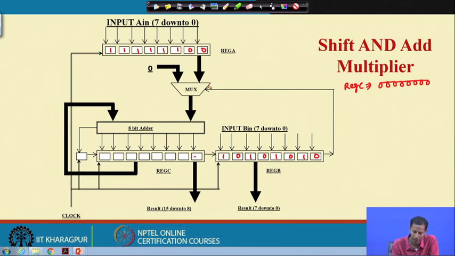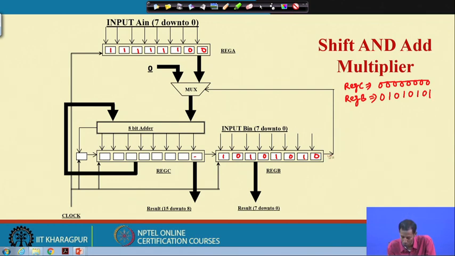Now all this is 0, so this 0 is basically coming over here. Then this bit is shifted, so at that time register B will be 0 1 0 1 0 1 0 1.